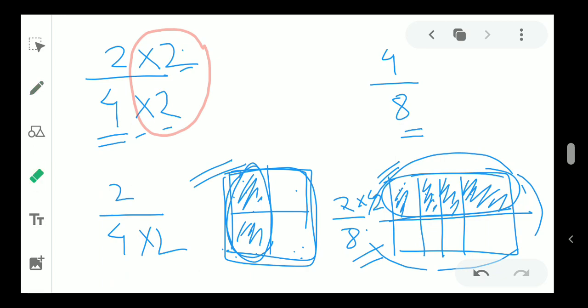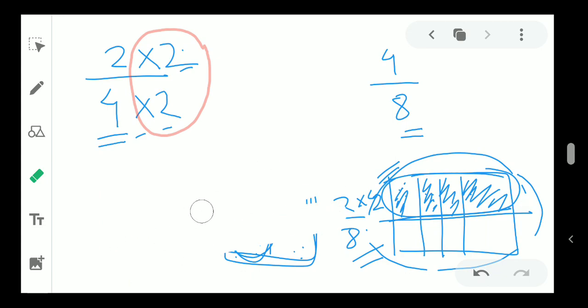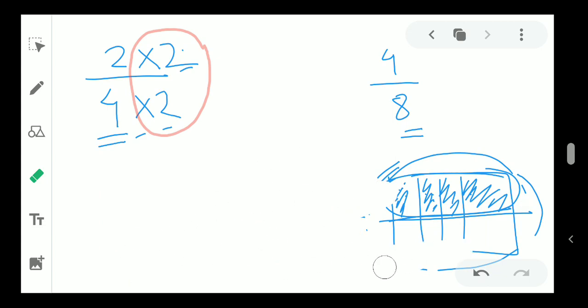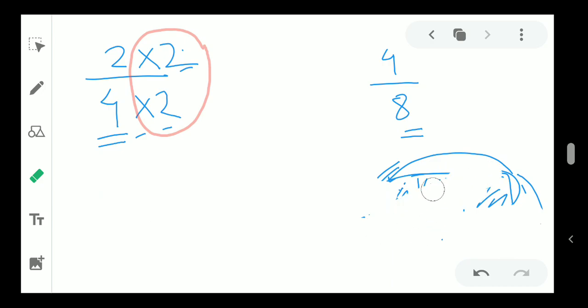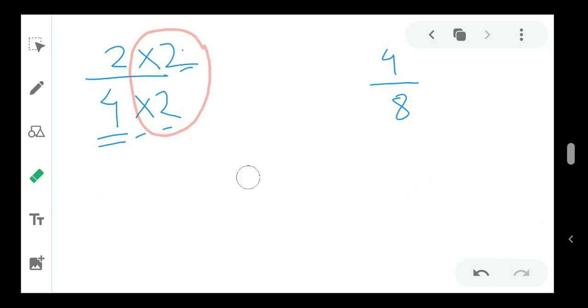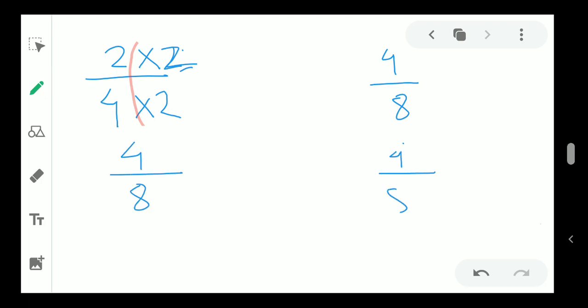That's why you have to multiply the same thing up and down whenever you try to change your fraction. Okay. So here we will have 4 by 8, and it is also 4 by 8. So I can say that both of you have done the same contribution.